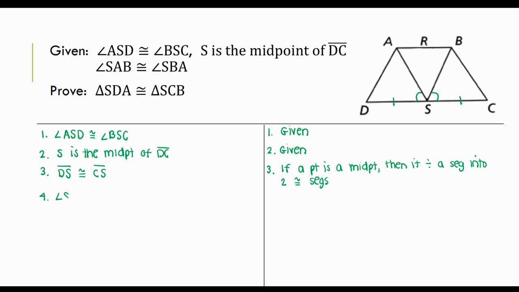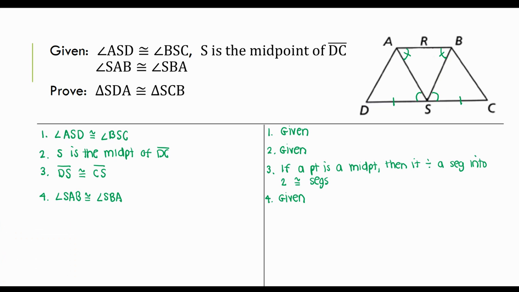We are told that angle SAB is congruent to the angle SBA. So if we follow the letters, SAB is this angle, SBA is this angle. Okay, I can't expand on that any further.